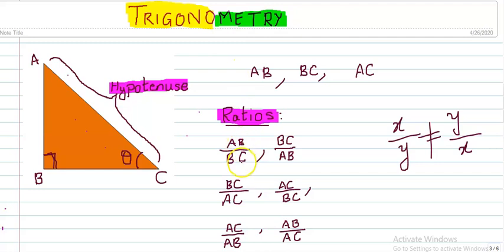So AB by BC is one ratio, BC by AB, and then BC by AC, AC by BC, AC by AB and AB by AC. So we have total 6 ratios possible with the three sides of the triangle.